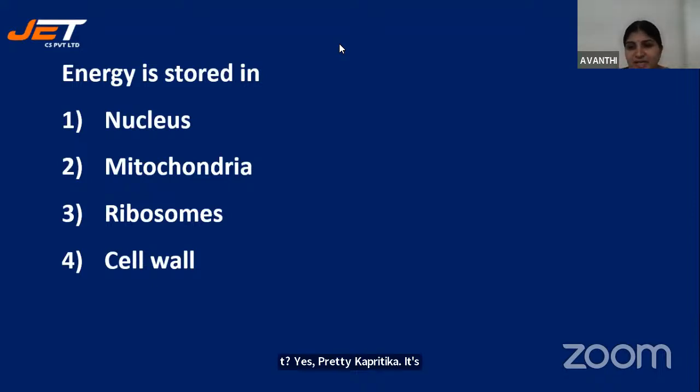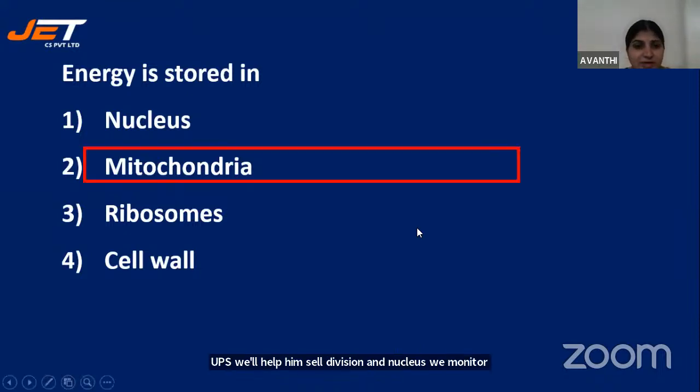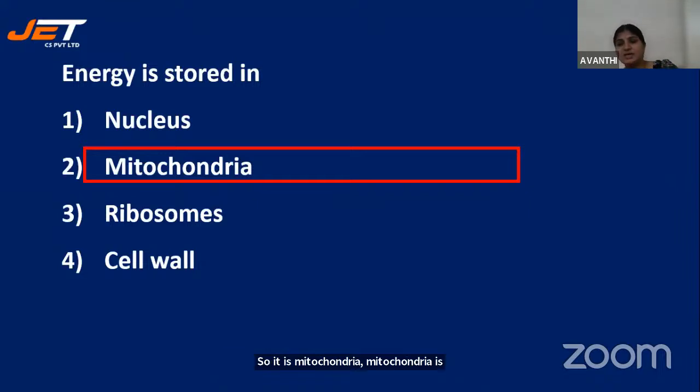Cell wall will not store the energy; cell wall will protect the cell. Nucleus will help in cell division and monitor the activities of the cell, but not in storing energy. So it is mitochondria. That's why mitochondria is known as the powerhouse of the cell.